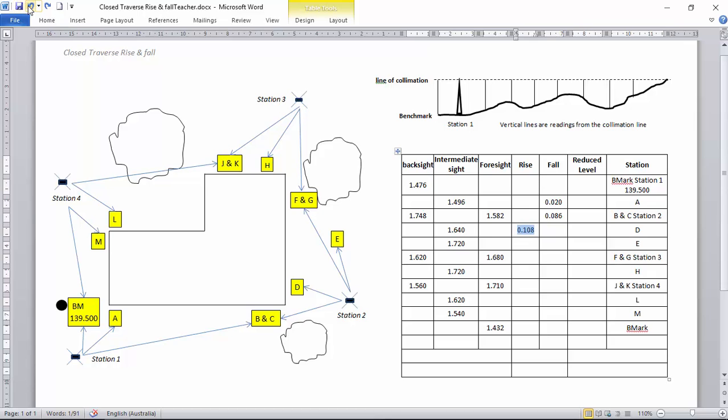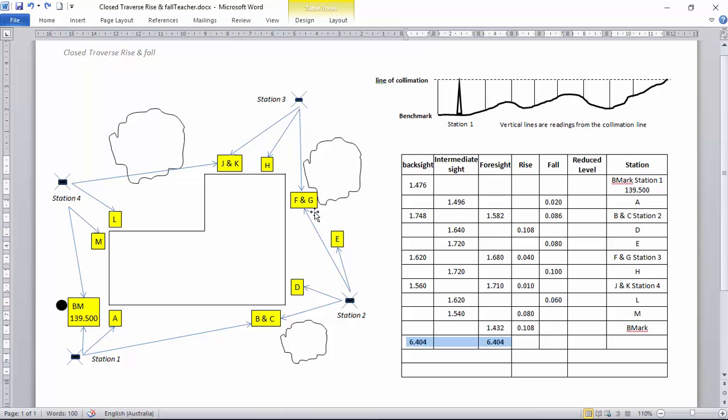It's a rise of 108. From 1640 to 1720, it's a rise of 80. And then we've got from 1720 to 1680, it's a rise of 40. So we just complete our rise and fall booking sheet, like so.